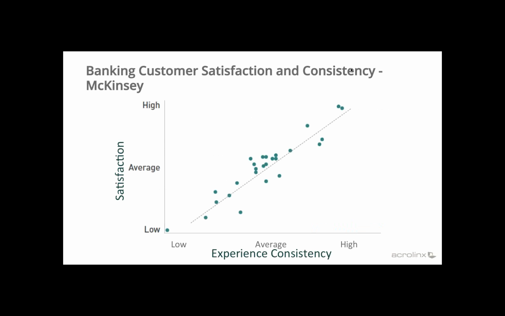If you look at this one report, this is just focusing on financial services, but I think this would hold true across multiple industries, and this is from McKinsey, they looked at two things, customer satisfaction and consistency.